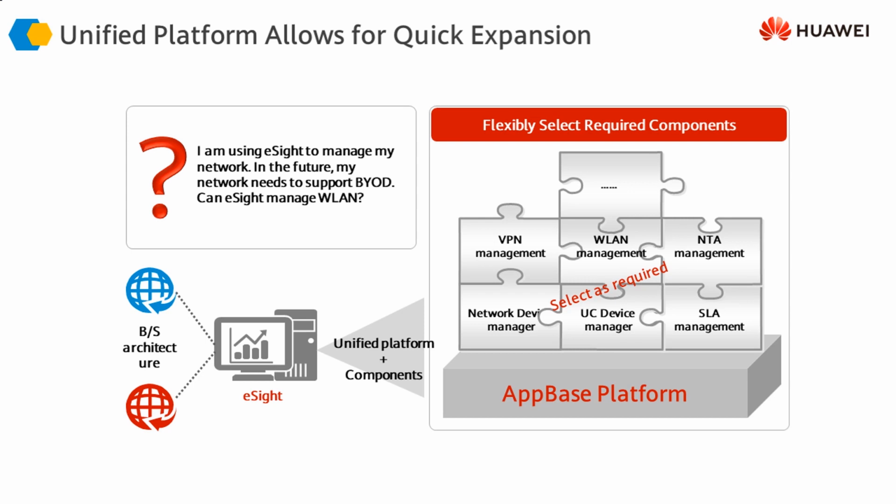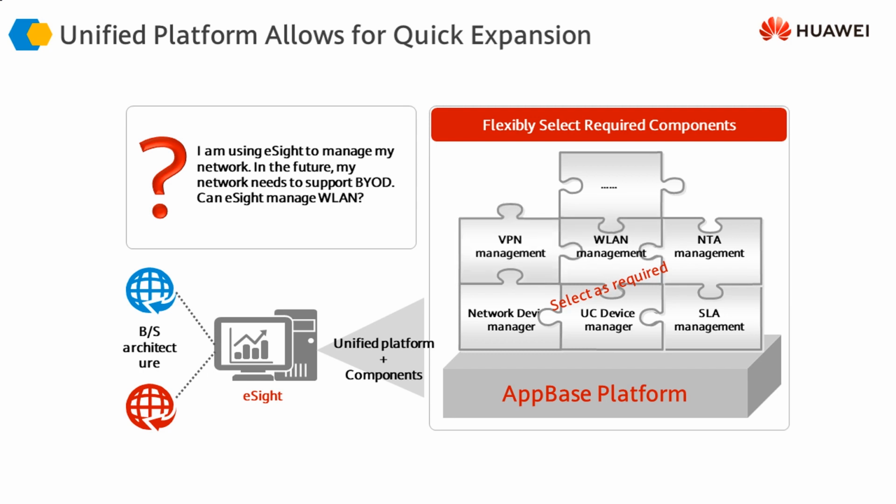It comprises a base platform plus a number of modular components which can be built on top of the base platform. So we deploy the base platform, and as per our requirement, we can add the modules whenever we need them. We don't need to deploy all those modules all at once.